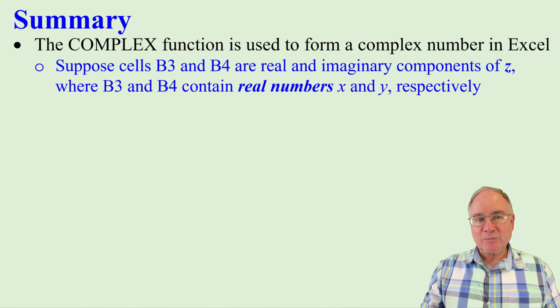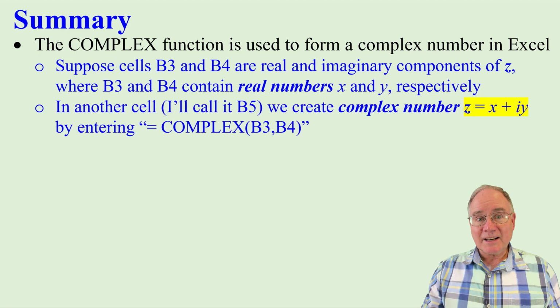For example, if B3 and B4 contain real numbers that represent the real and imaginary components of z, where z is x plus iy, then in another cell, we create the complex number z equal x plus iy by entering equal COMPLEX with arguments B3, B4.